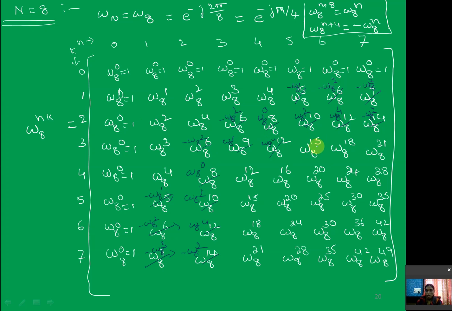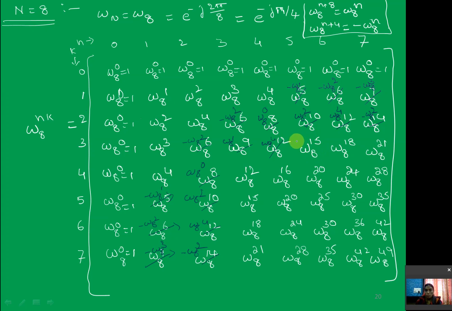15 is nothing but, so we may take like this. W8 power 4 plus 11, of course 11 is not known. W8 power 7 plus 8, that is W8 power 7.